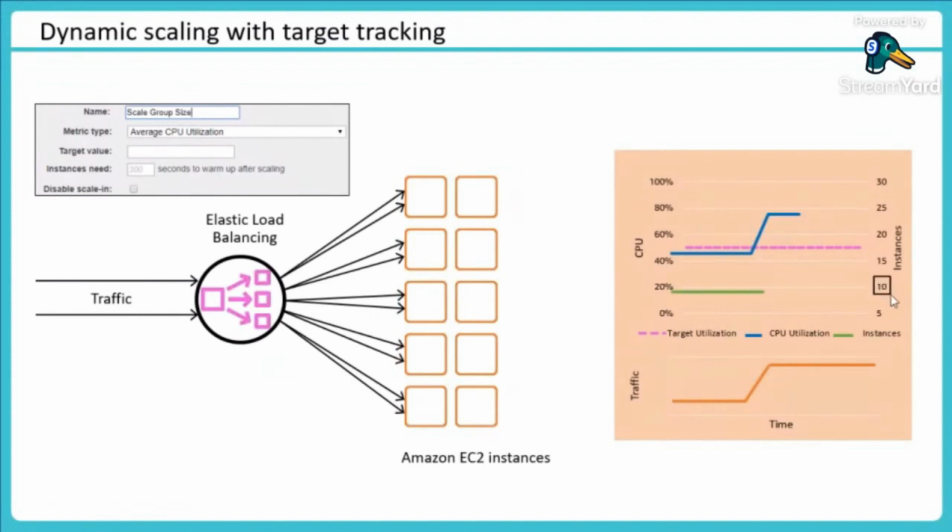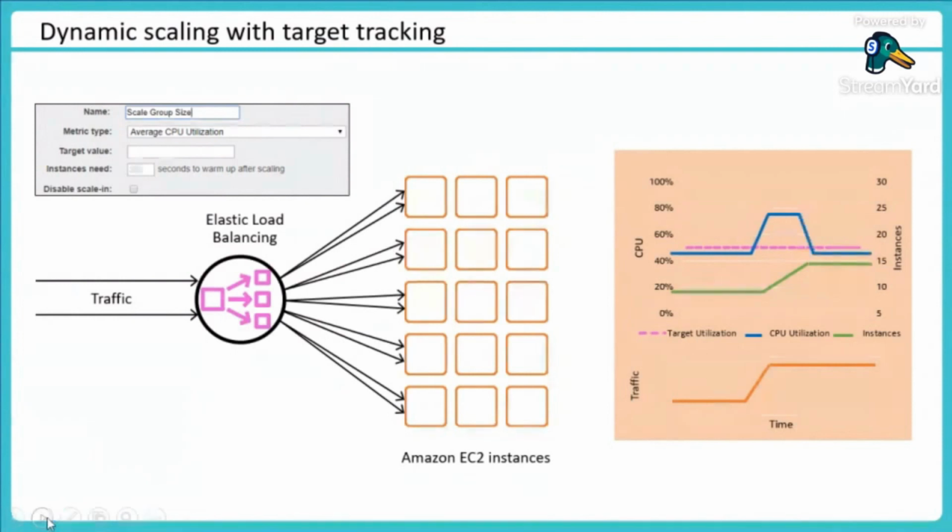We had 10 instances, it would add more instances so that we would be able to handle the extra load which has come to my environment. So number of instances has increased from 10 to 15, and hopefully once they have reached 15, it would bring down my utilization again to below what I was expecting.